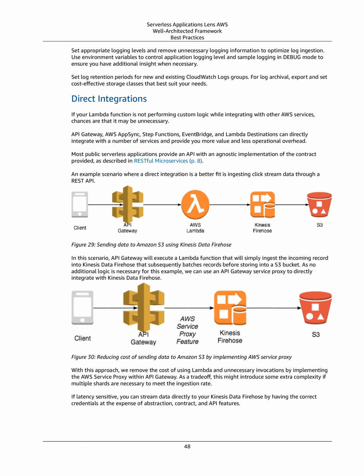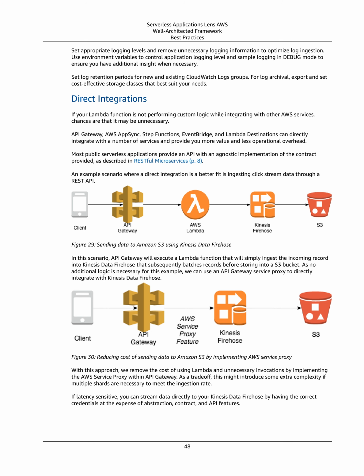Most public serverless applications provide an API with an agnostic implementation of the contract provided, as described in RESTful Microservices, p. 8. An example scenario where a direct integration is a better fit is ingesting clickstream data through a REST API. In this scenario, API Gateway will execute a Lambda function that will simply ingest the incoming record into Kinesis Data Firehose that subsequently batches records before storing into an S3 bucket.